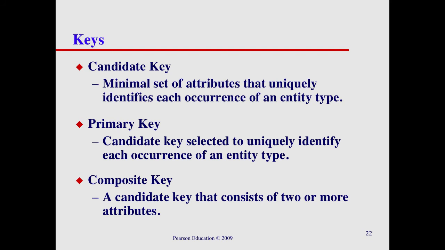And this is a new concept. A composite key is a candidate key that consists of 2 or more attributes. Again, we typically like our primary keys to be single attributes because they take up less storage, and we often will create artificial keys so that we can avoid having composite keys. In the booking relationship, remember we typically had to have 3 attributes to uniquely identify a booking.